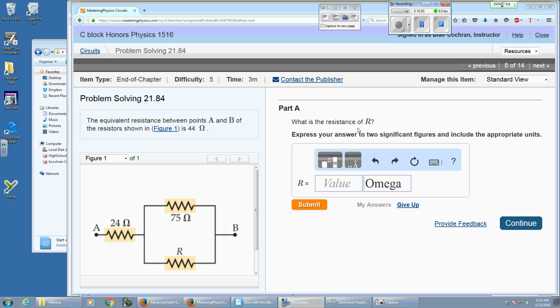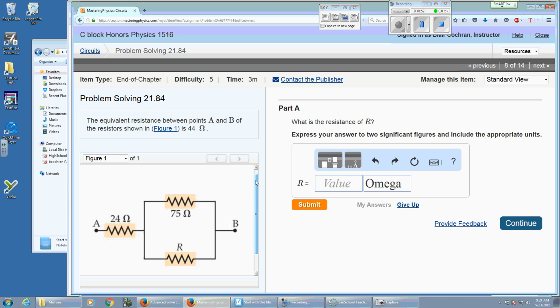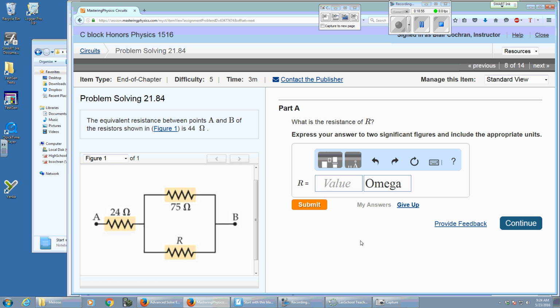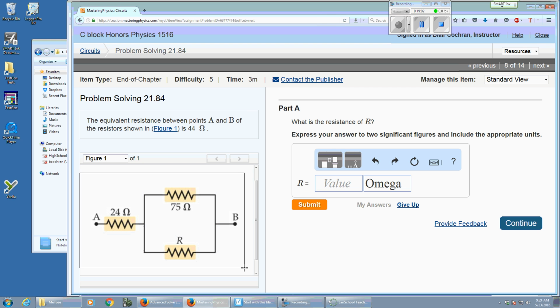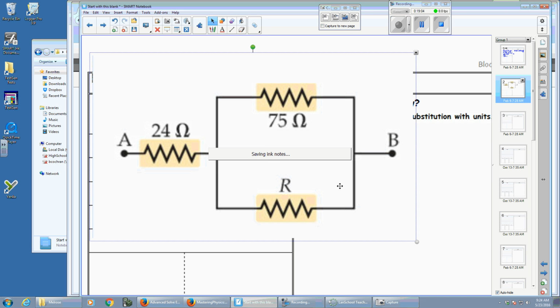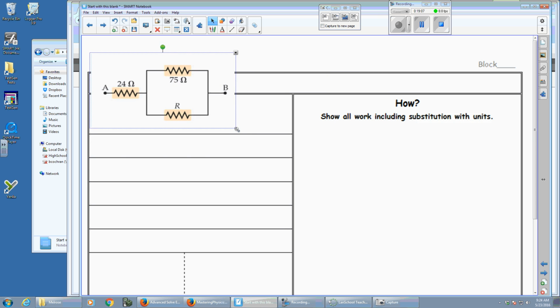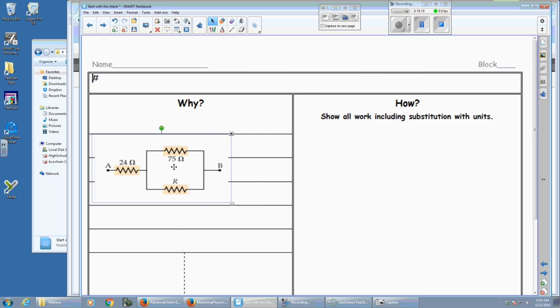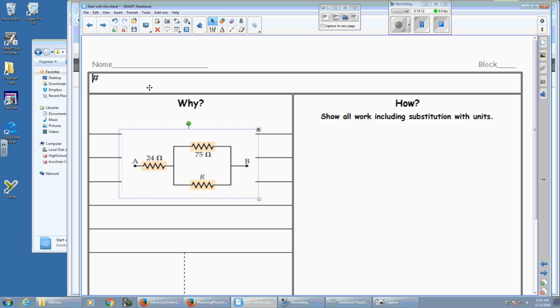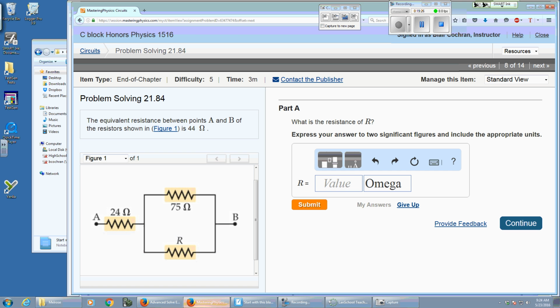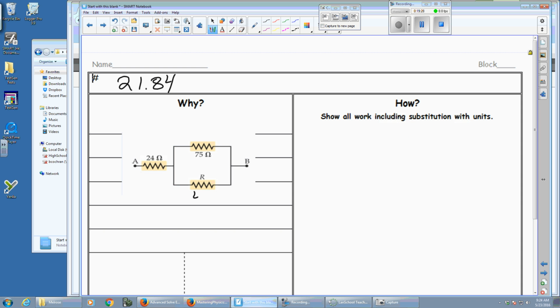All right, so 21.84 asks us to find the net resistance. Let me grab a picture of that so I don't have to redraw it. Really, your key for this is going to be your circuit diagrams as you work down. For 21.84, they tell me my R is 44 ohms.